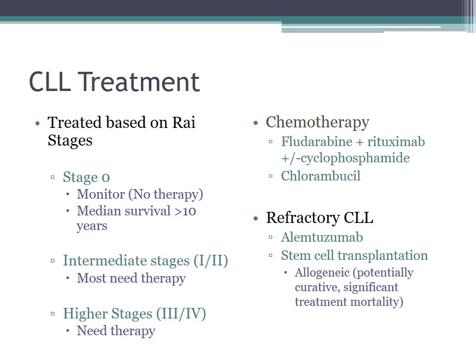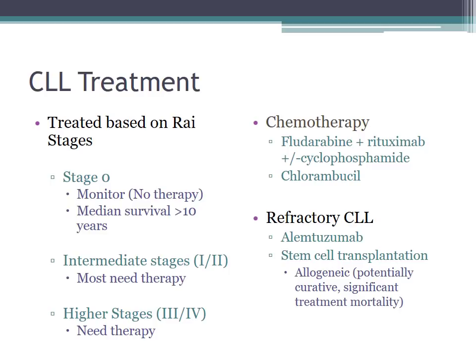If they have refractory CLL and they don't respond to the first sets of chemotherapy, there are some other possible treatments. Alemtuzumab is a possibility, and also stem cell transplantation is a possibility, but do remember that the older the patient is, the less likely they're going to do well with transplants with stem cells.